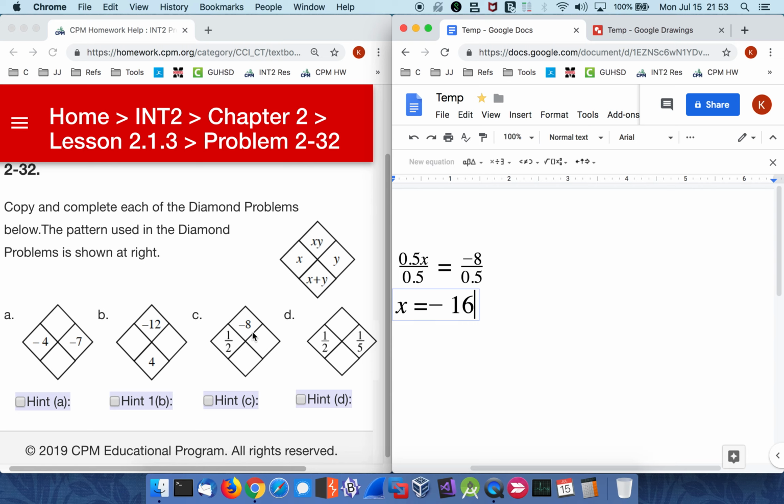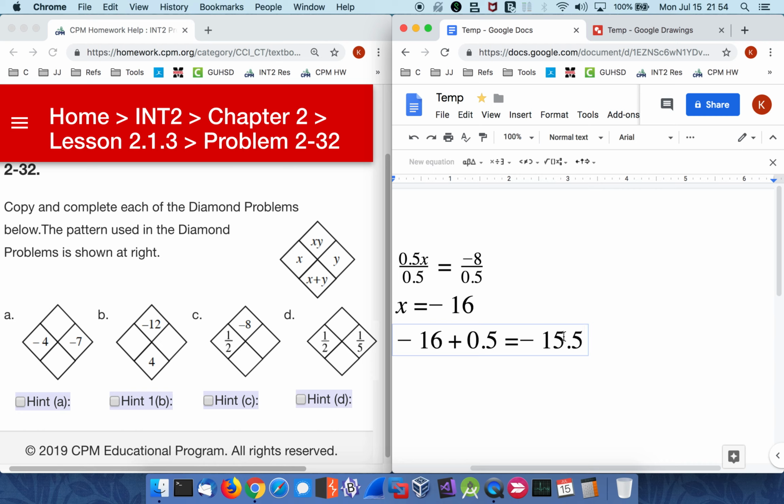So -16 over there, because -16 times 1/2 is -8. And then the next part would be -16 plus 0.5 equals what? -15.5.